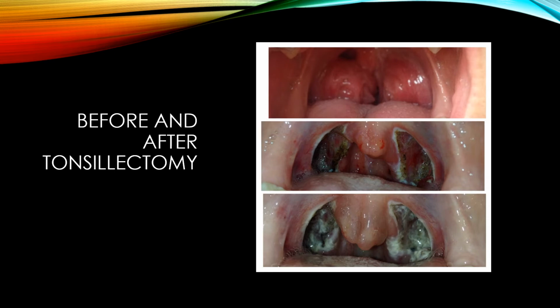The middle picture is immediately after the surgery. Typically, they can do it with a laser now or with a cautery device. The tonsils, because they're lymphoid tissue, are fairly encapsulated, so they kind of come out like marbles out of the back of the throat. Not exactly like that, but somewhat. And then the picture at the bottom is a few days post-op, maybe a week later.